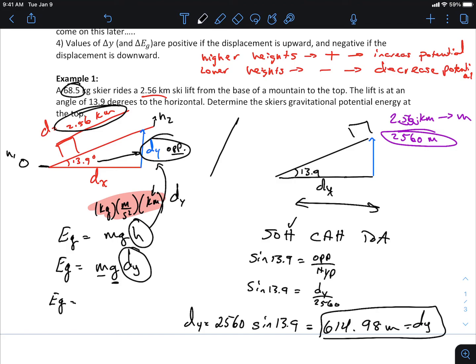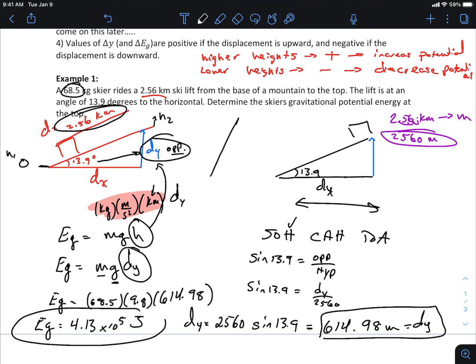I'm trying to do two things at once. 68.5 times 9.8 times 614.98. You should get... that's a lot of potential energy.